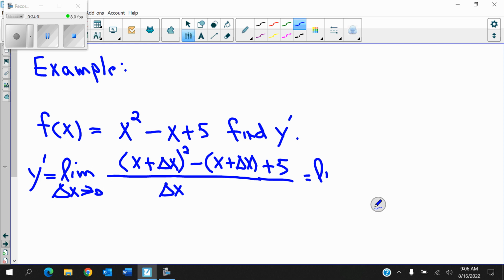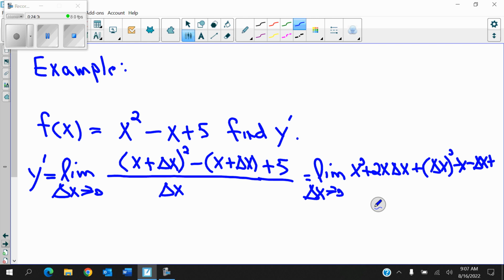So this becomes the limit as delta x approaches 0 of, again, x squared plus 2x delta x plus the quantity delta x squared minus what? x minus delta x plus 5. Wow. Over delta x. Be sure not to leave out all the pieces in there.